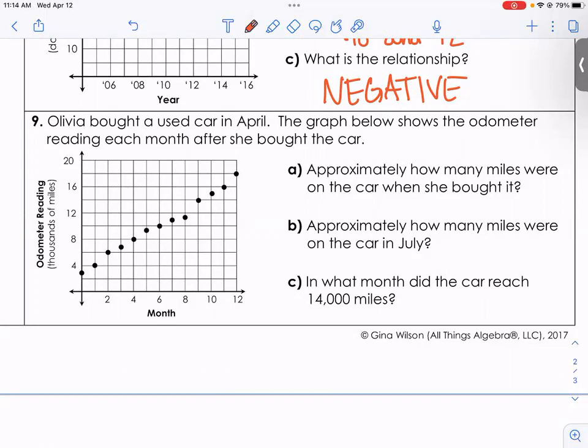So how many miles were on the car when she bought it? I would say about 3,000, because it looks like they're counting by twos. This is in between 2 and 4. So about 3,000.